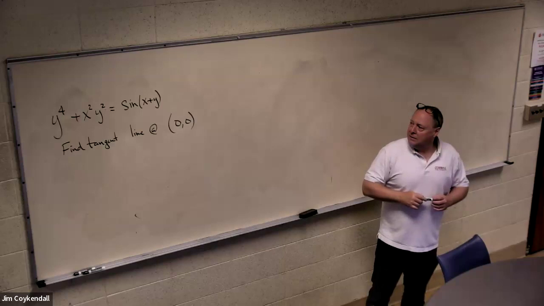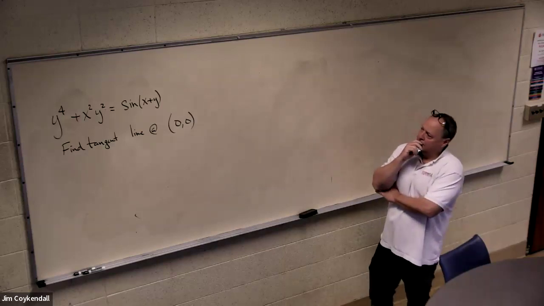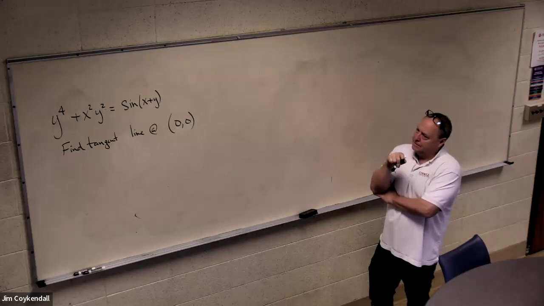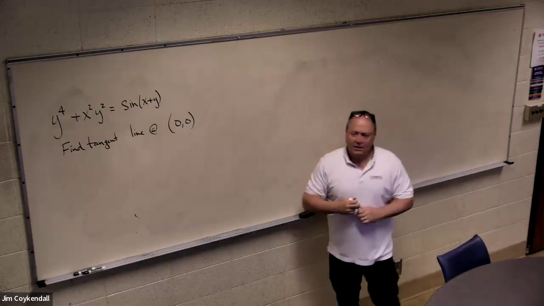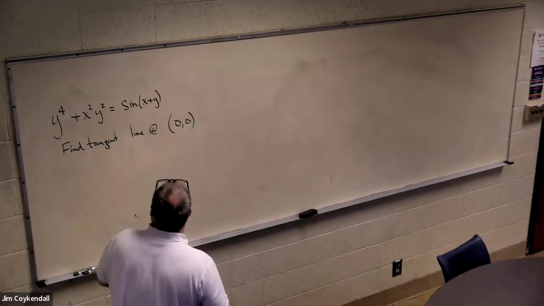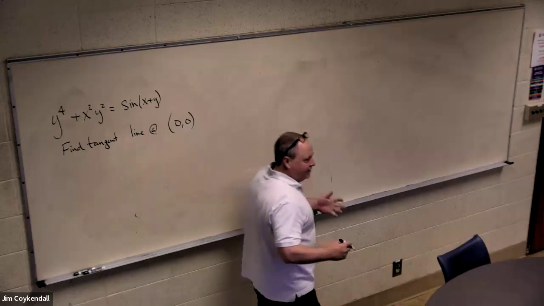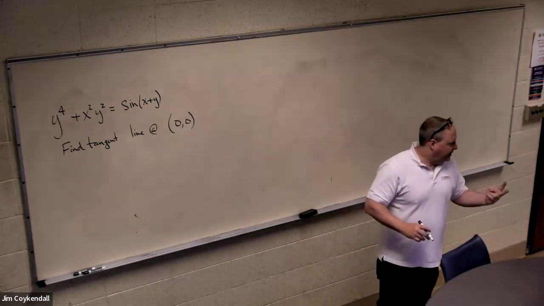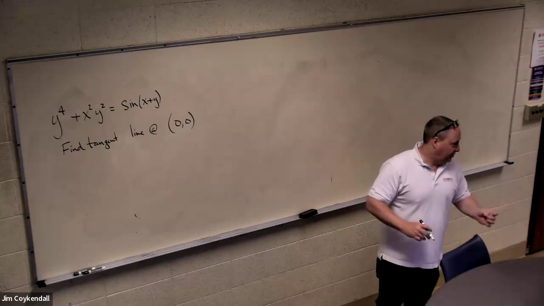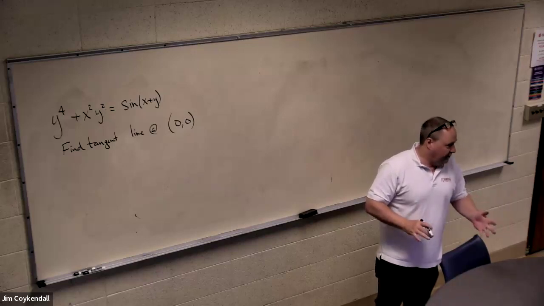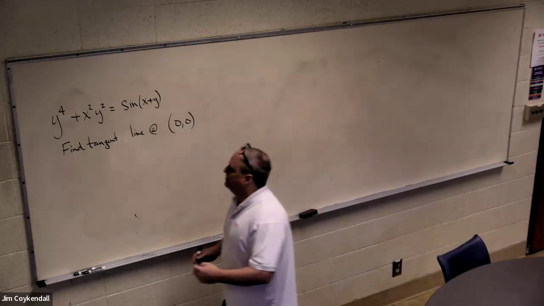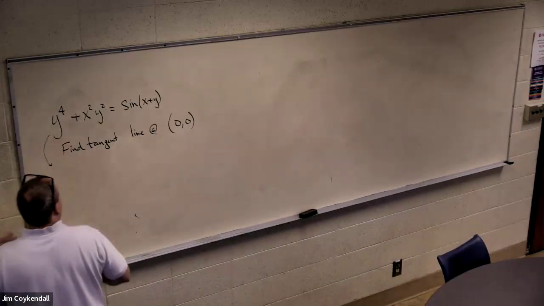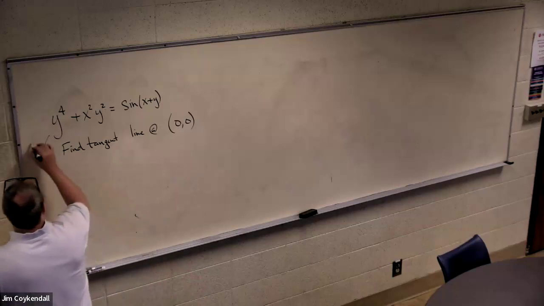Okay. I need two items today: I need two points. We've got the point (0, 0) in the story. So the burden on us is to get the slope. Now, I think almost all of you got this with maybe some minor errors on the way.